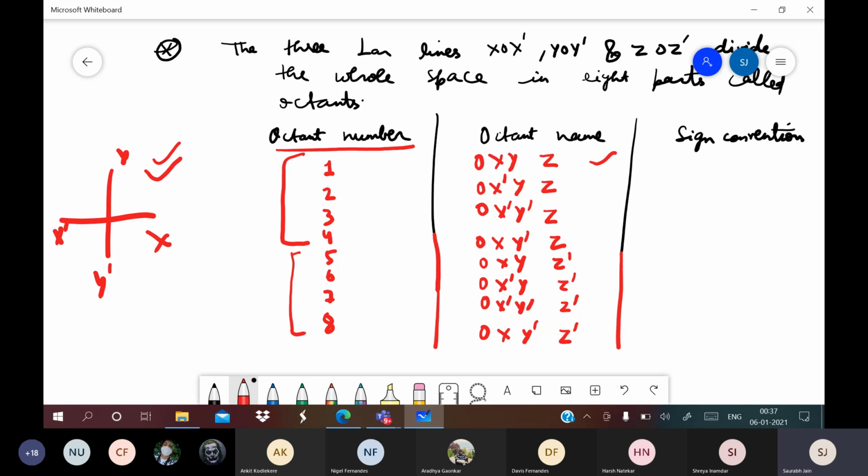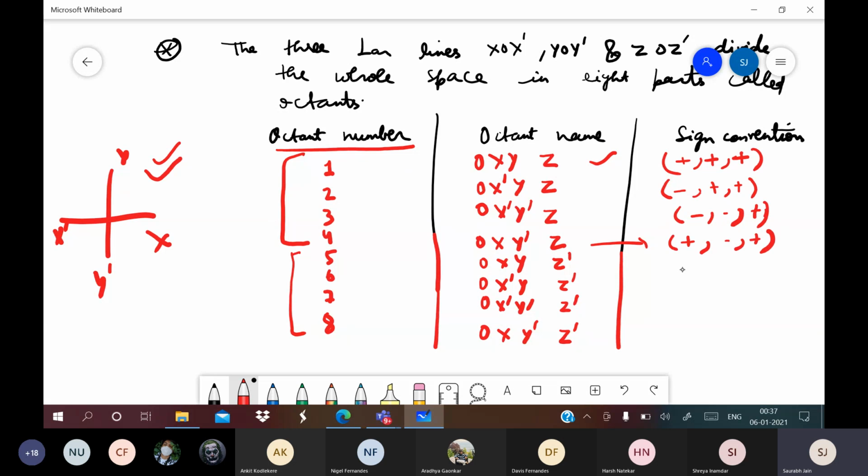So now it is very easy to write the sign convention. Okay. This is plus plus plus. That means in the first octant all the three coordinates will be positive. Okay, then you can fill it in on your own. X is negative, next two positive, then third one, these two negative, z positive. Okay, now it is simple, you just have to observe this and write here. Then this is positive, next is negative, then again positive.